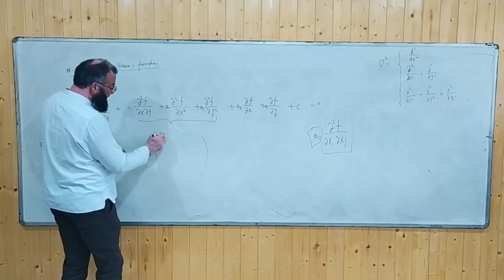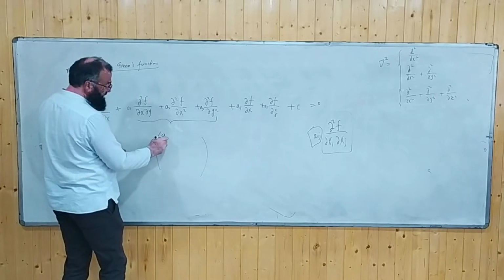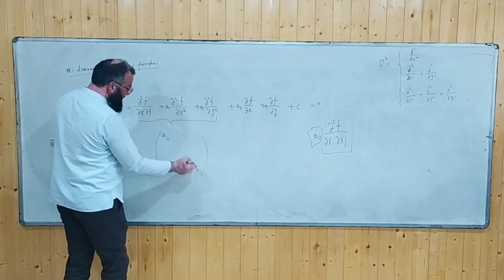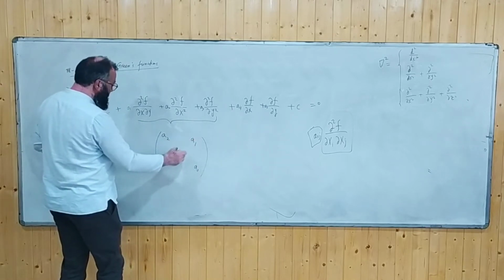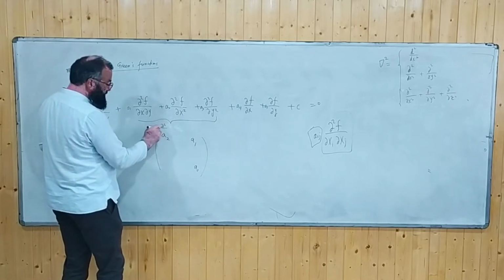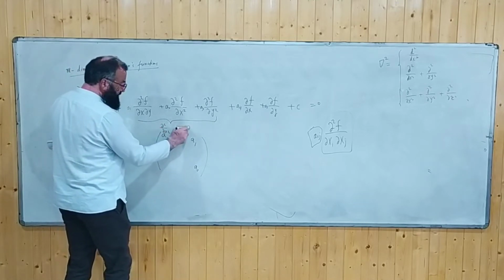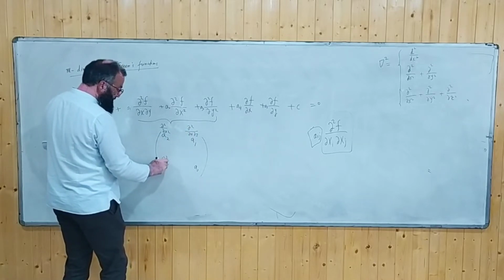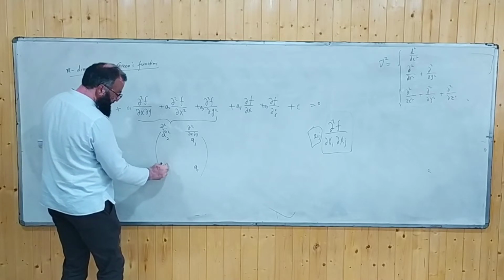So let's say the coefficient of this term we call A2. Then you have A3 here. This coefficient can be here a1 because these are cross terms. So this represents partial 2 by partial x2. This will represent partial x partial y, and this will represent what? Partial y partial x, so it will be a1 bar.